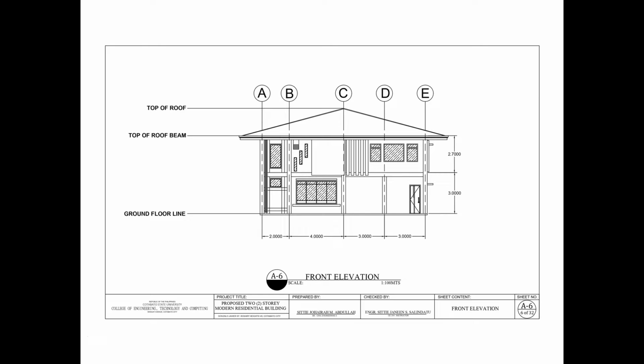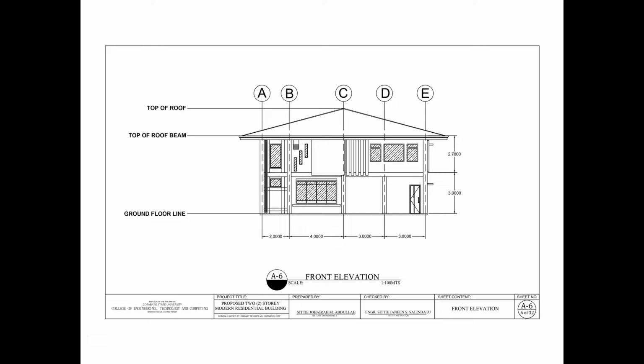First is the front elevation, as shown in the picture, the front elevation of my residential building. So I've included the dimension and some indications also, which are the top of roof beam and ground floor line. Also, the wall has a cement plaster finish. It is coated with paint three times.